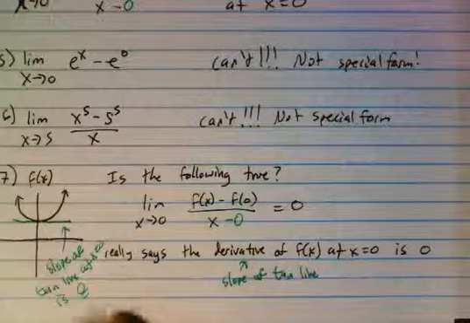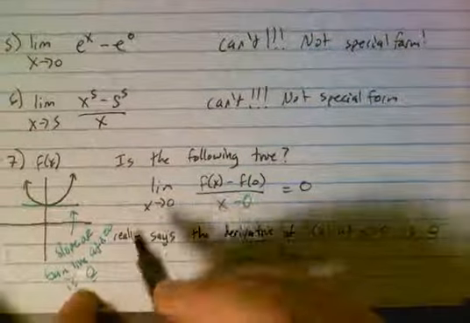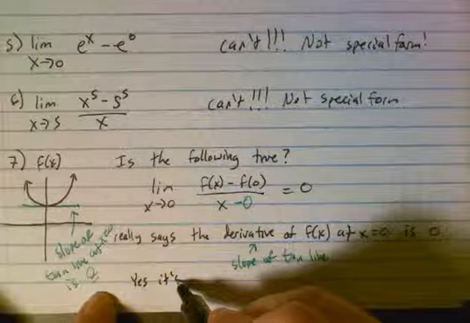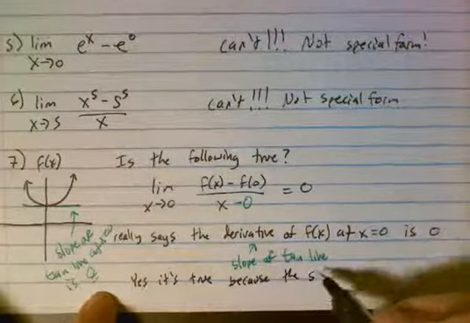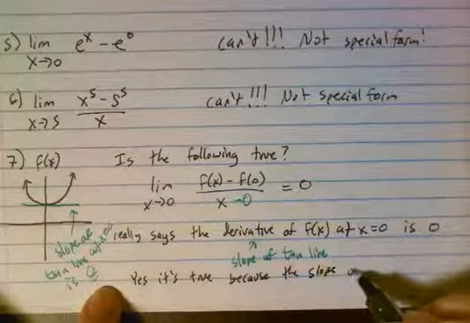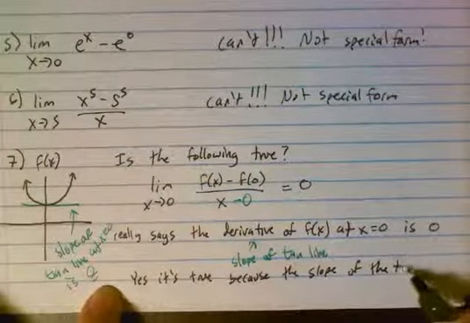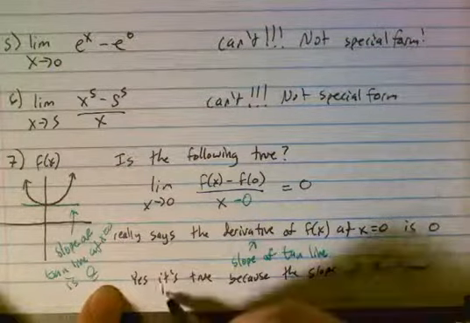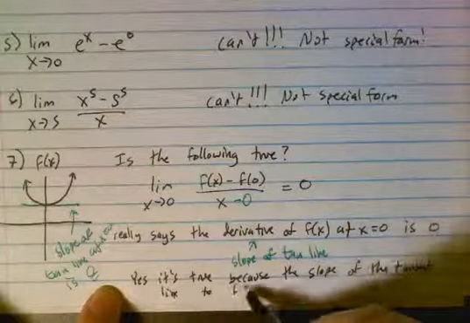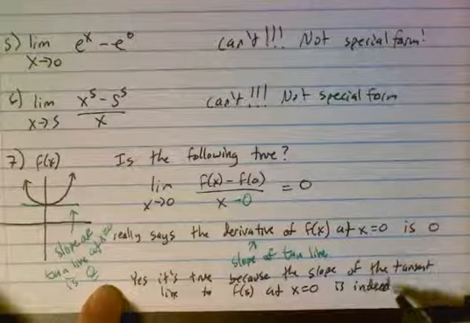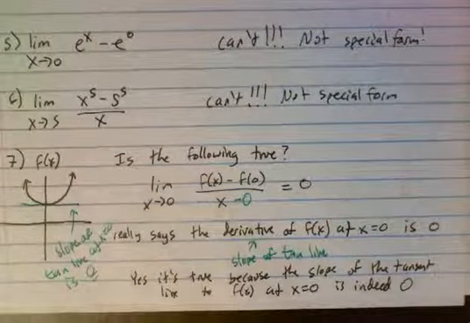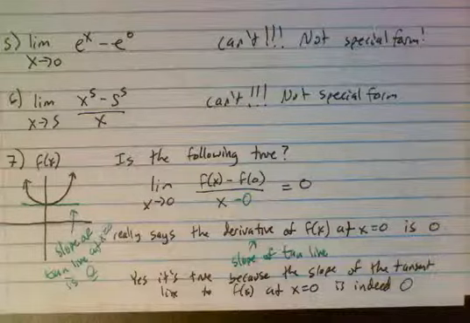So we would say that this is indeed true. It is true because the slope of the tangent line to f of x at x equals 0 is, in fact, 0. This concludes Limits 5 notes.